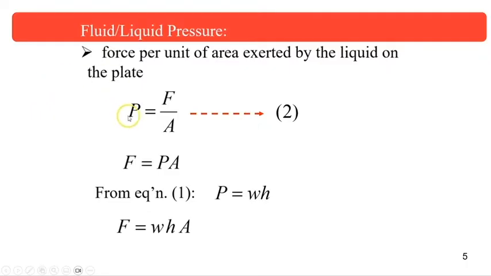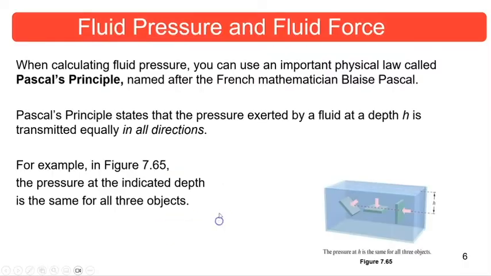The formula is pressure equals force over area, or isolating F, F equals P times A. From equation 1 earlier, P is the weight density times the height. Therefore, the formula is F equals WH times A.